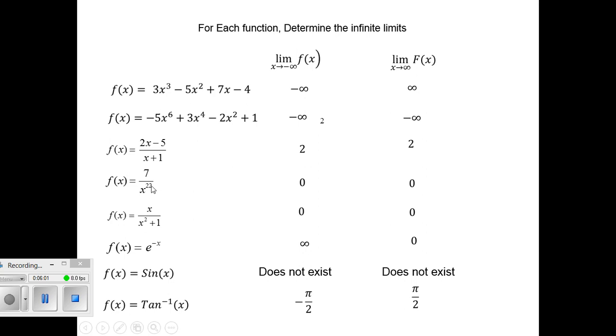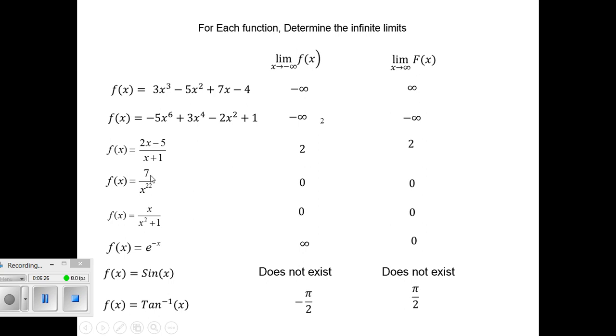The highest power is the same in both the top and bottom, indicative of a ratio of 2x to x, which is y equals 2, which is in fact the asymptote, and the limit approaching negative infinity and positive infinity.